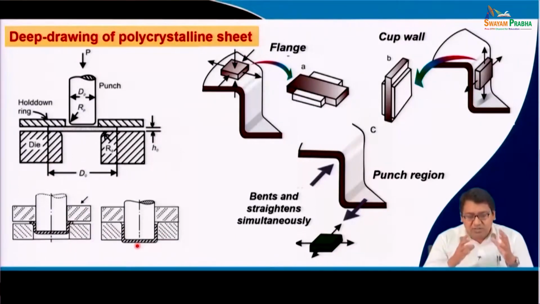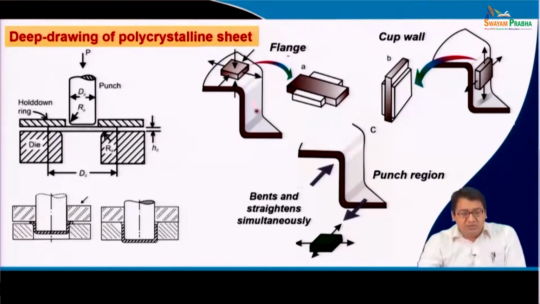But if we look into the detail of this very simple operation of deep drawing, there are various areas of deep drawing. You see the flange area, the cup wall area, this one. So, the flange area, the cup wall area, and you see the punch area.